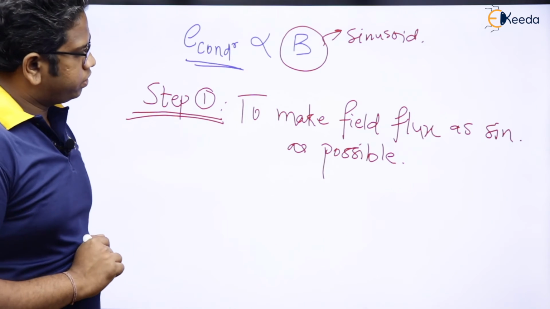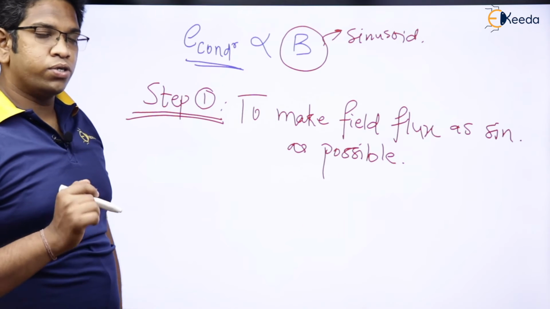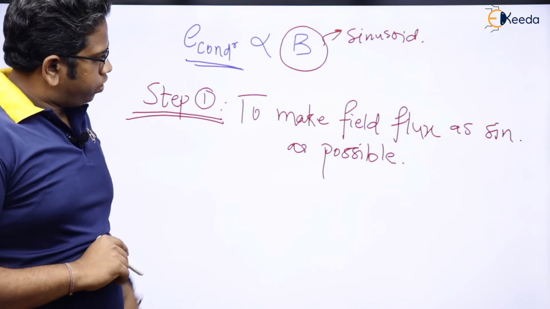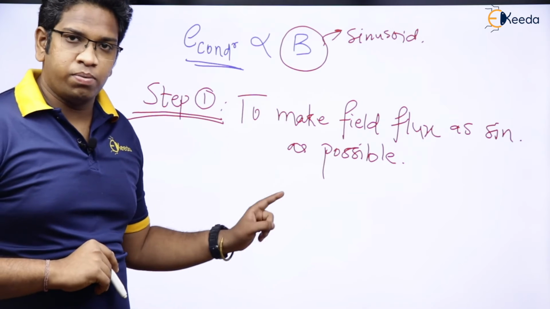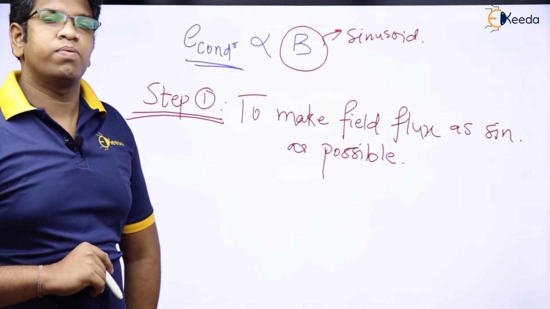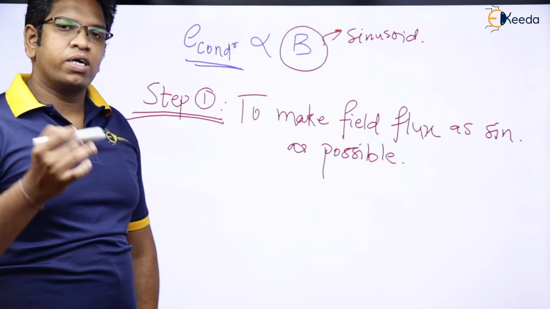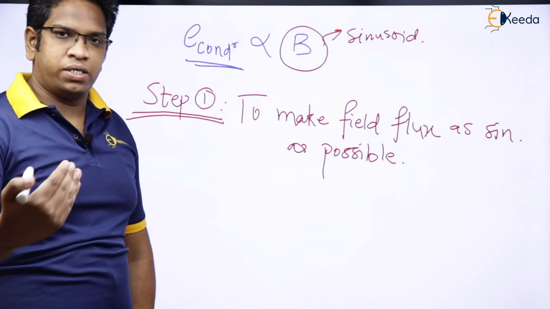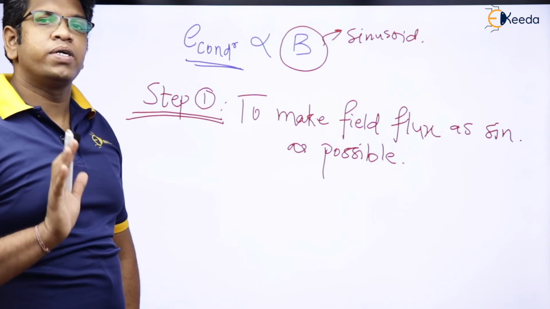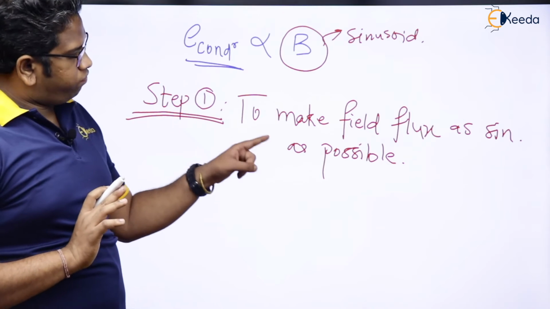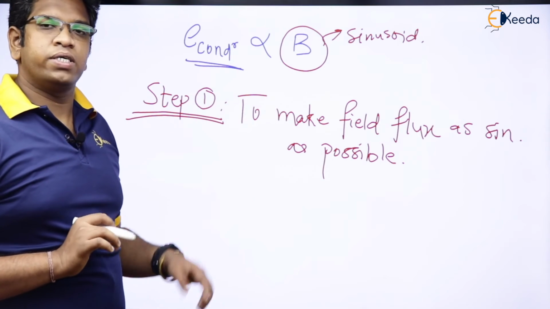But the fact here is, see here, it is not so easy. To make the field flux as sinusoid as possible, is it possible? You will come to know later in the immediate next sessions. But right now, let me tell you one thing. To make this field flux as sinusoid as possible, it is not possible.